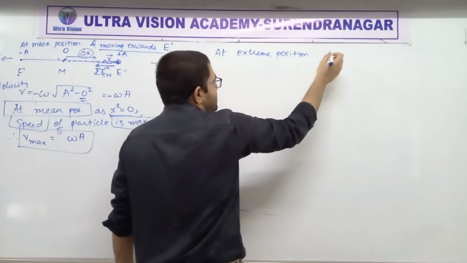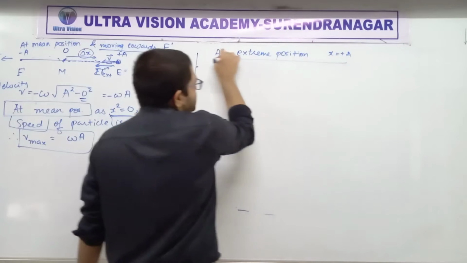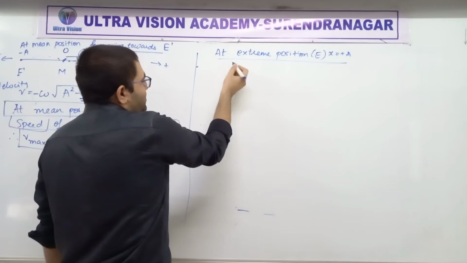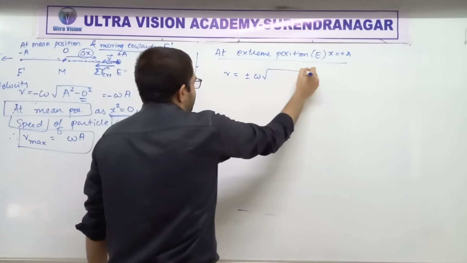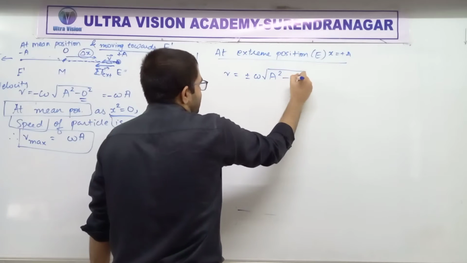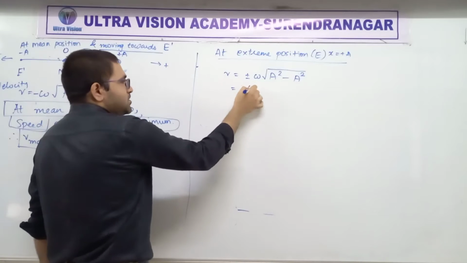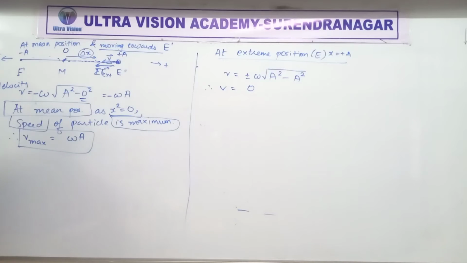Let's say E. x equal to plus A, suppose that is E. So here we have x equal to plus A. So if I put that in the formula of velocity, did you understand what I have done? We are getting a result as expected, isn't it?